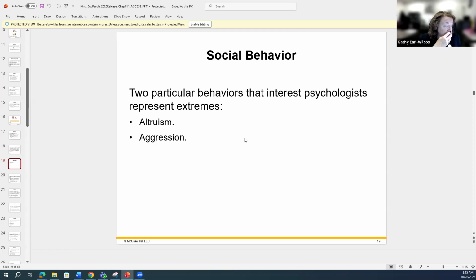Altruism, in our book on page 419, can be defined as giving to another person with the ultimate goal of benefiting that person, even if it incurs a cost to yourself.